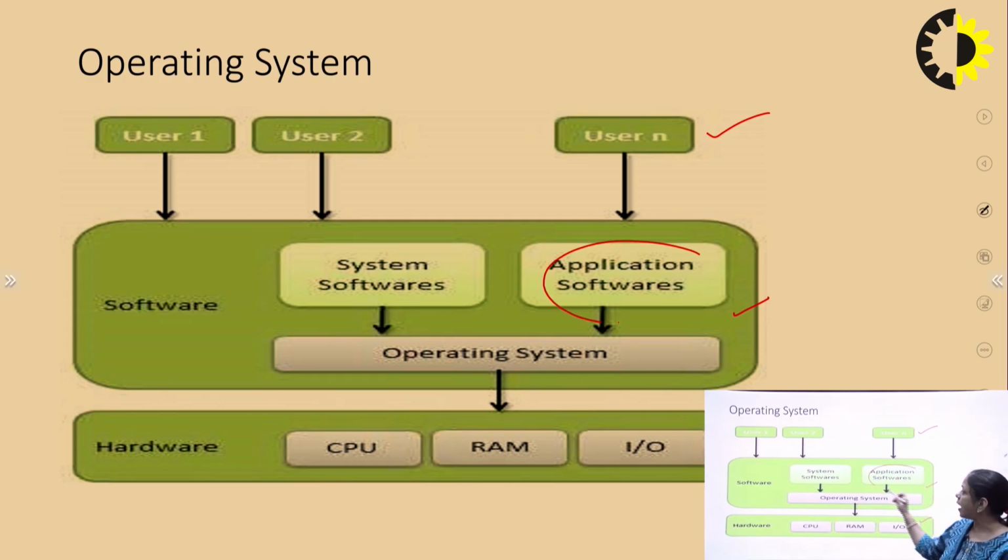We can have application software, we can have system software, and we can have the operating system also. With the help of the operating system, application software can run, and the operating system is also known as a system software, because it is required to run the system properly, and by it we can perform different tasks using the hardware. So the operating system is a very important part of our computer. It is also a type of system software.